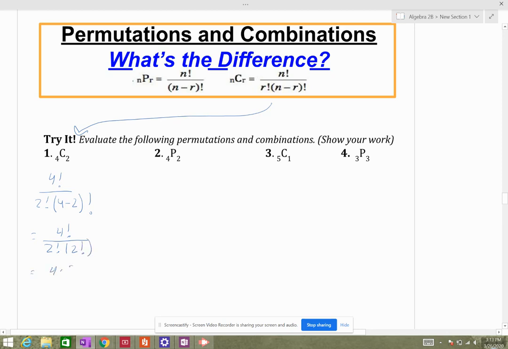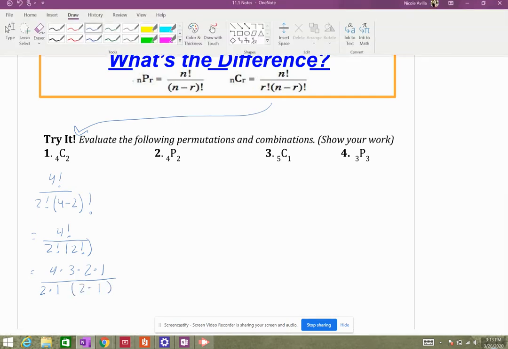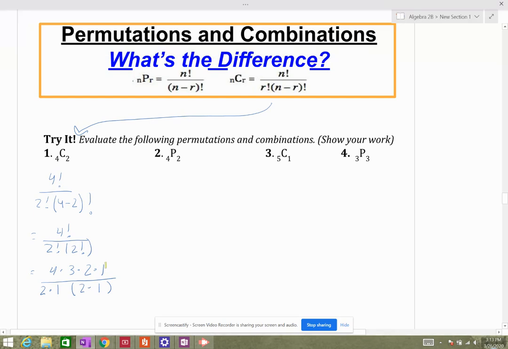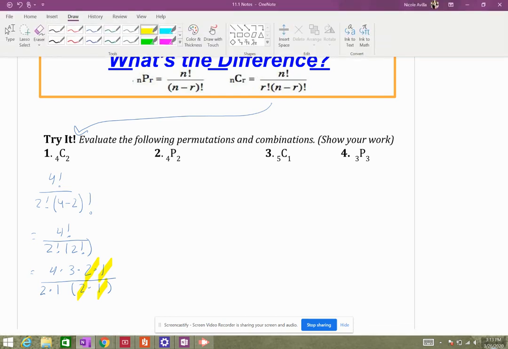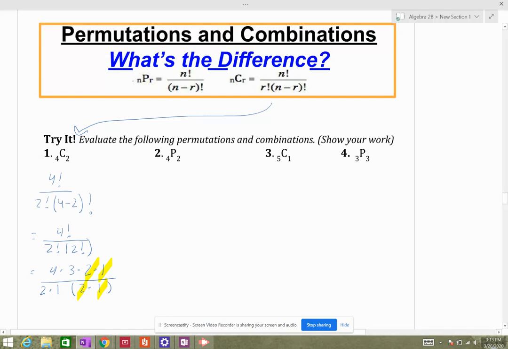I have 4 times 3 times 2 times 1. I have 2 times 1 times 2 times 1. I'm only going to cross out things that match on top and bottom in pairs. So I get 12 over 2, which is just 6.